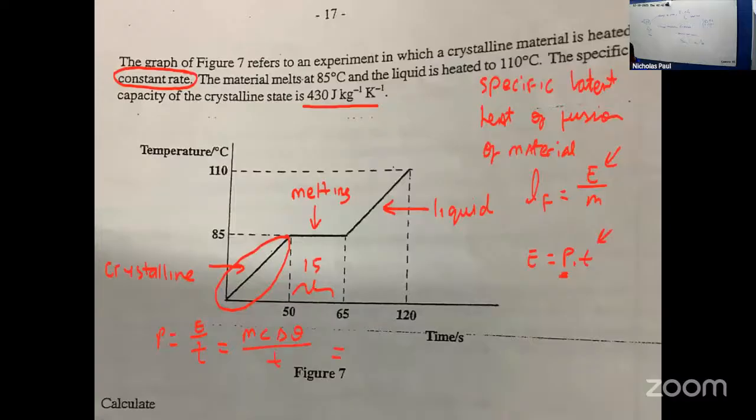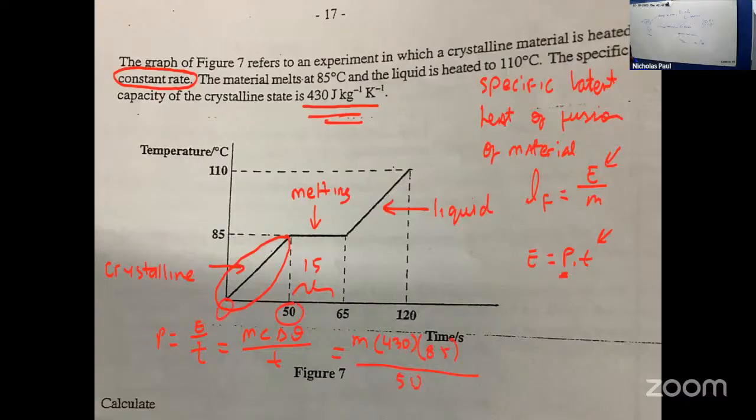No. Do we know C? Yes, that's 430. Do we know the temperature change? Yes, 85. And do we know how long it was heated for? 0 to 50, which is 50 seconds.